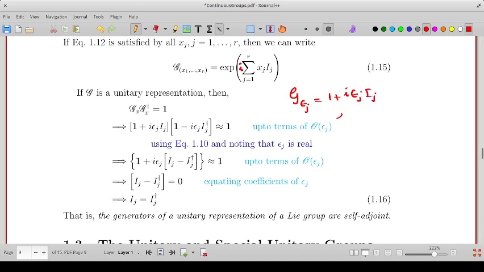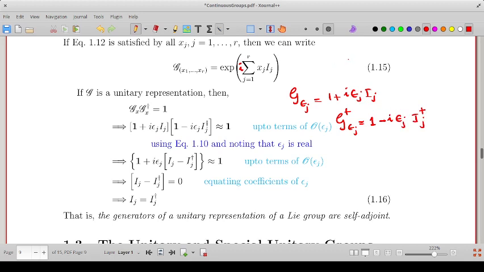Now, its adjoint, g dagger of epsilon j, since this is a sum of operators, the adjoint of a sum of operators is the sum of the adjoints. So the identity dagger is identity. One, then take the adjoint of this: i changes to minus i, epsilon j is real, and therefore epsilon j, then the adjoint of ij, so ij dagger.